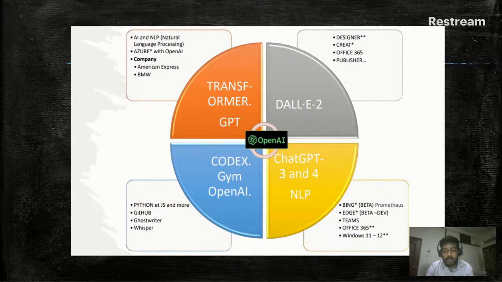Okay, and Bing. Yes, we have Bing, of course, Microsoft's Bing AI, and that will be helpful for us. We have to use it for Power Platform forms, Edge, and Office 365, and we will use these models in the Windows 11 or Windows 12 process as well.